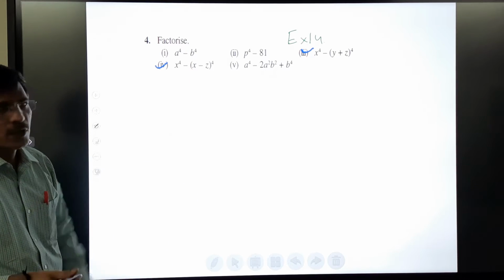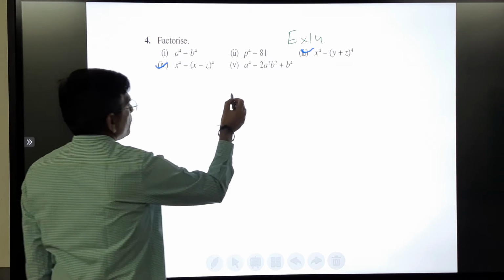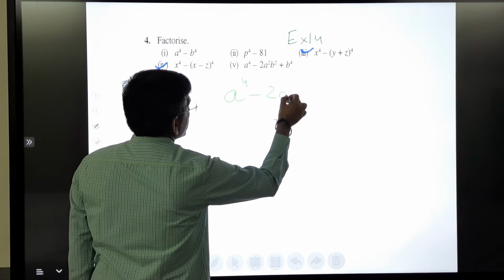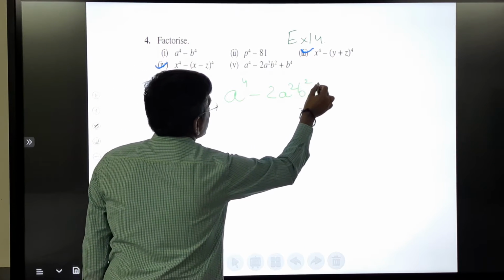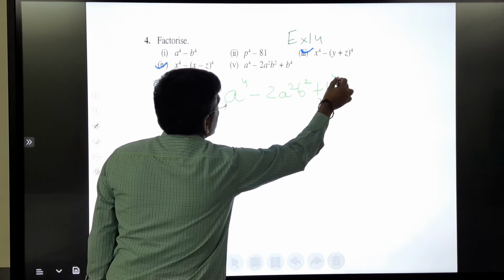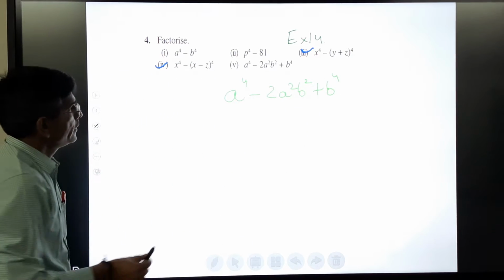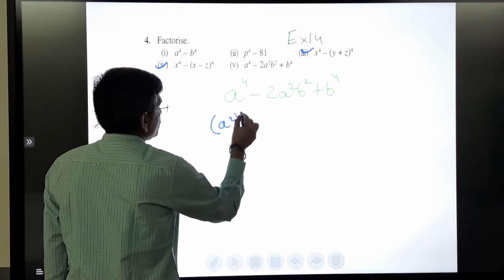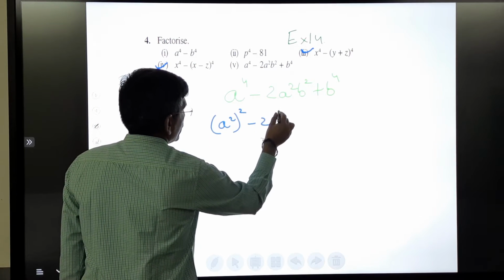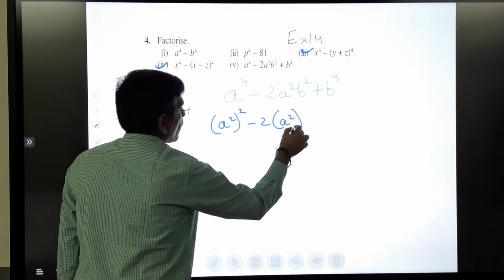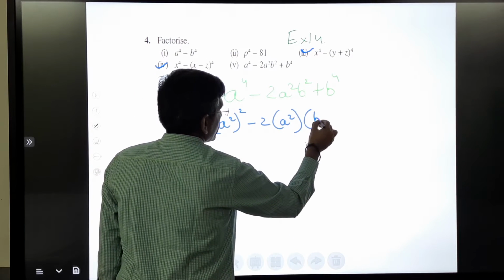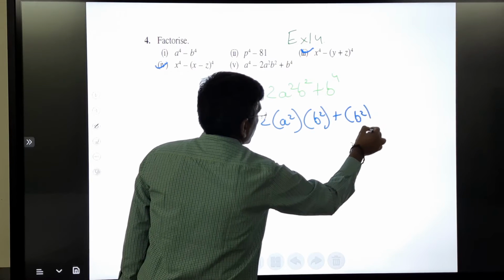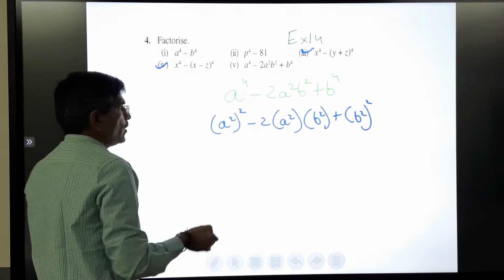So now we go for fifth. A the power 4 minus 2a square b square plus b the power 4. So now a square whole to square minus 2 into a square b square plus b square the power 2.